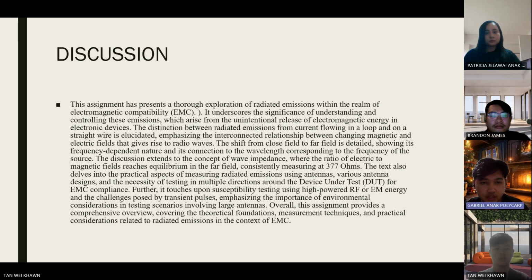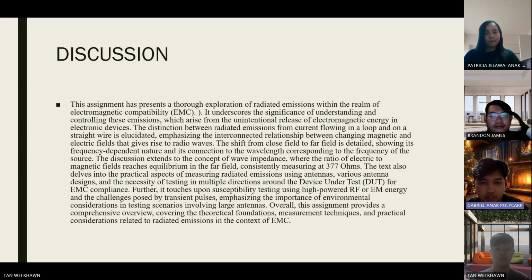The discussion extends to the concept of wave impedance, where the ratio of electric to magnetic fields reaches equilibrium in the far field, consistently measuring 377 ohms. It also delves into the practical aspect of measuring radiated emissions using antennas, various antenna designs, and the necessity of testing multiple directions around the device under test, which is DUT, for EMC compliance.